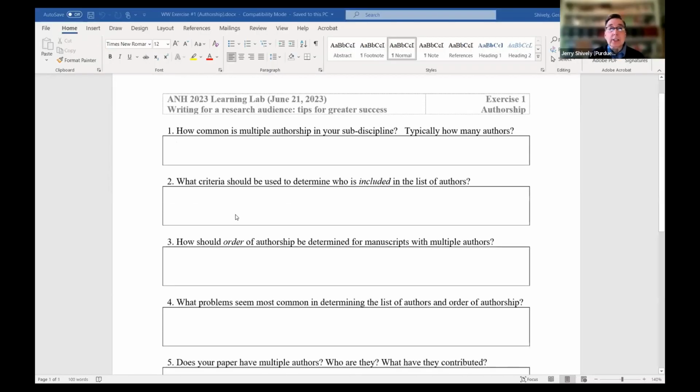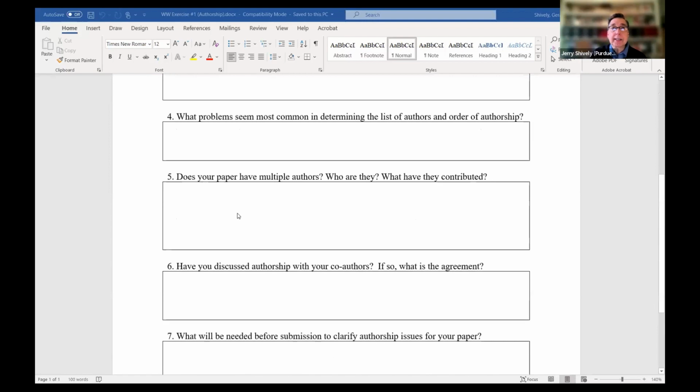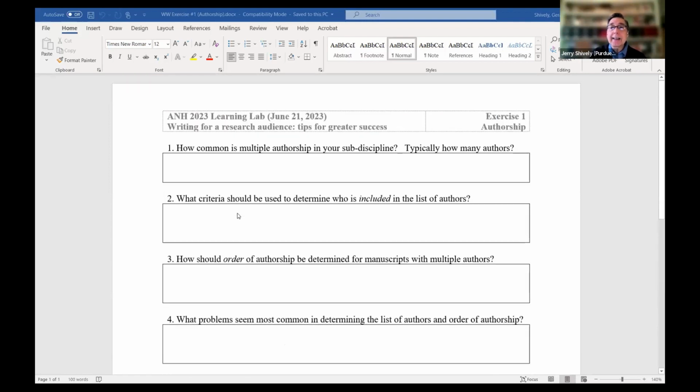All right, so it's just a one-page worksheet. Can everyone see that? And as I said before, you can work on this now for the next few minutes, or you can put it aside and work on it later. But I think depending on what kind of research team you're working in and what kinds of authorship issues may apply, it can be helpful to think through the questions that I've outlined here.